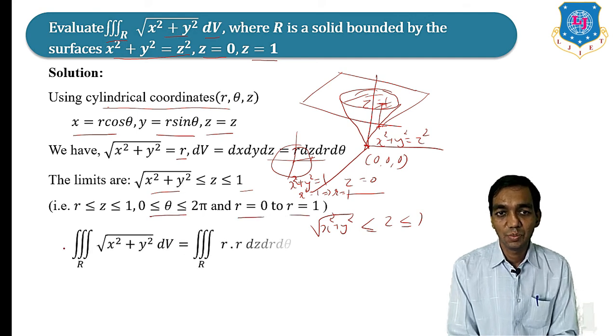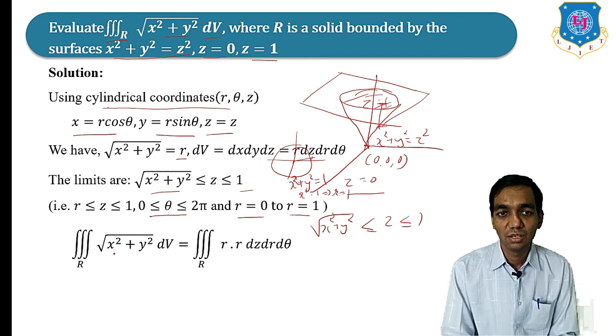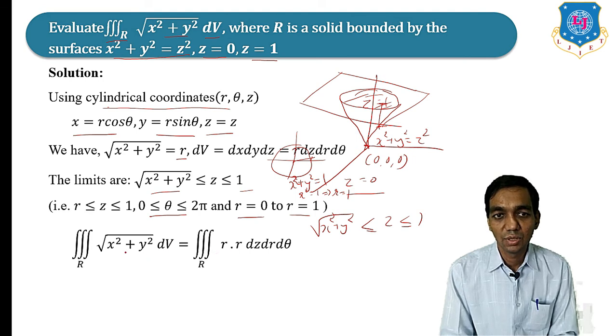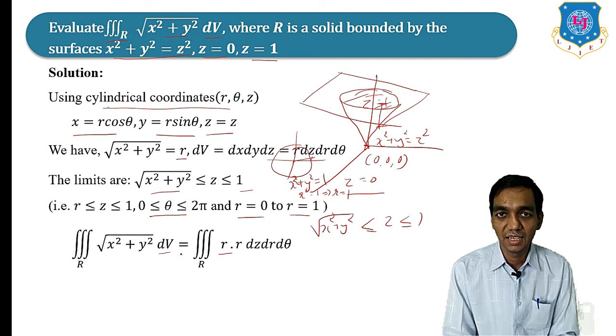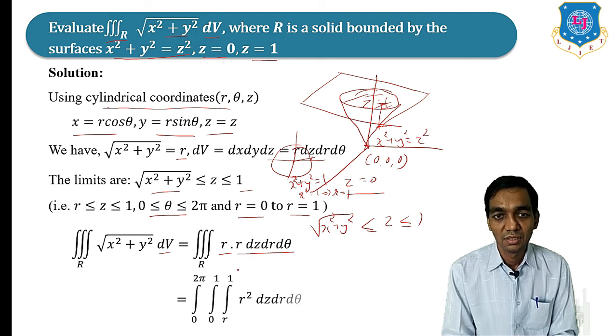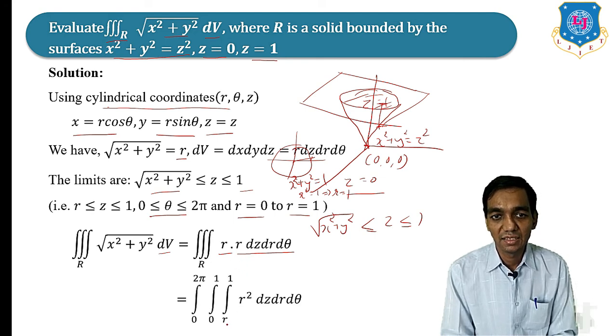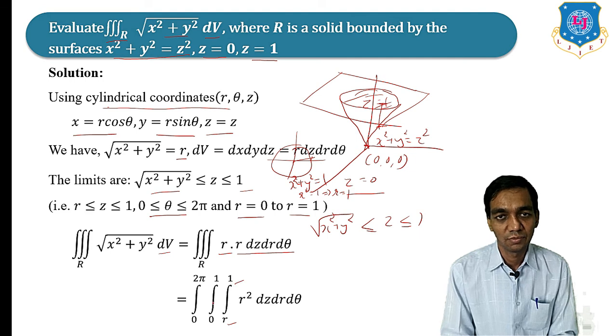Now your triple integration is reduced to the triple integral of under root x square plus y square dv, but under root x square plus y square is r, and dv, that is dx dy dz, is replaced with r dz dr d theta. Now substitute the limits. First limit is of z, starting at r ending at 1.